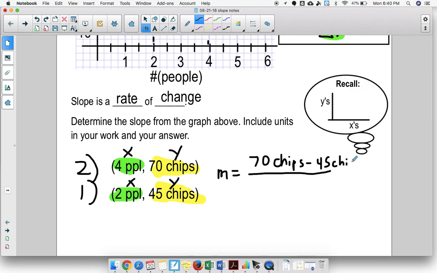The units also help because whatever you're subtracting should be the same unit. We wouldn't take 70 chips minus 40 people. That doesn't make sense. All right, so I took 70 minus 45. I took the 2's minus the 1's.